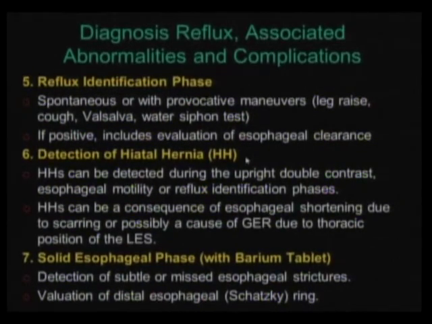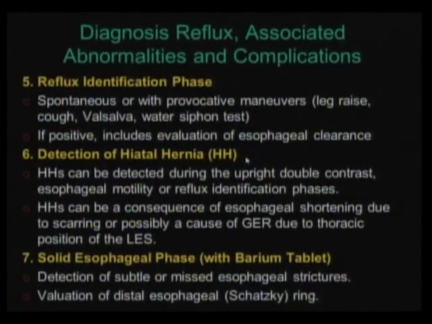After that, we try to detect if there are associated findings like hiatal hernia. We can detect the hiatal hernia in upright position when it's not reducible, or also in the prone position with single contrast images. Usually it's more sensitive than the other.